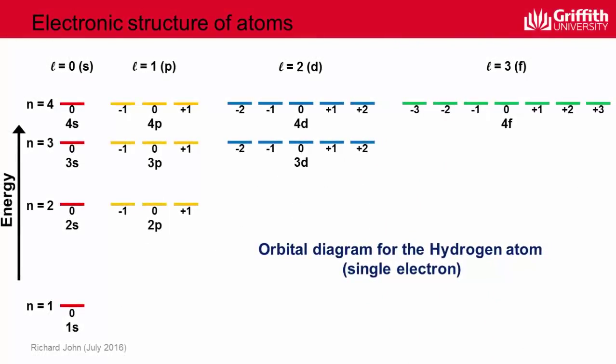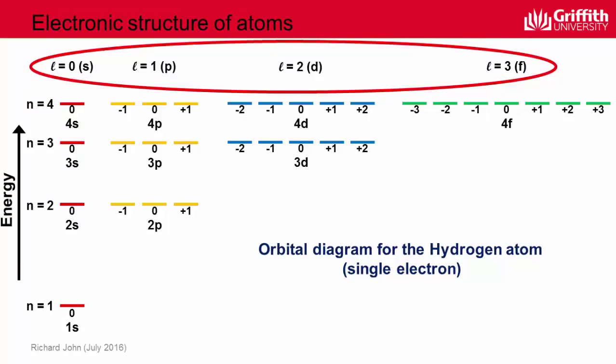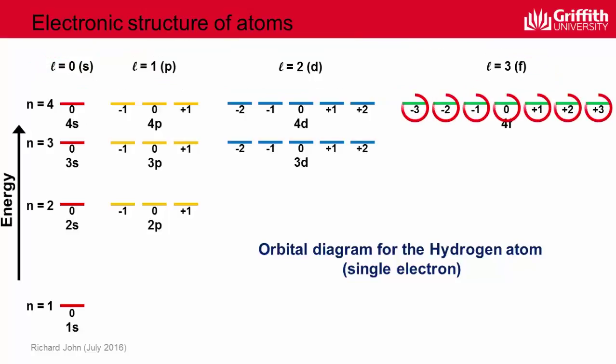So just to quickly recap, this is the orbital energy diagram for the hydrogen atom that we were introduced to earlier. Remember that in this representation, an orbital, which is just a region of space, is represented by a horizontal straight line, and the characteristics of each orbital can be described using three quantum numbers: n, describing the overall energy of an orbital; L, describing the overall shape of an orbital, which takes on the letter designations s, p, d, f for L equals 0, 1, 2, 3; and the third quantum number, ML, the magnetic quantum number, which sits under the horizontal line here.